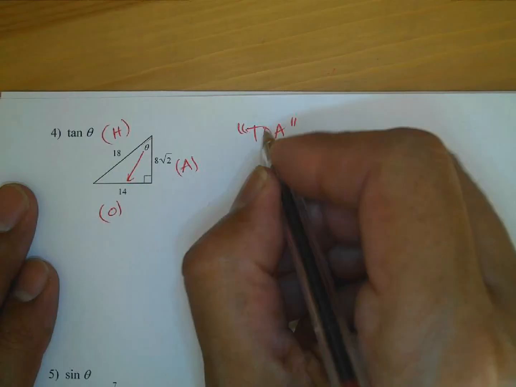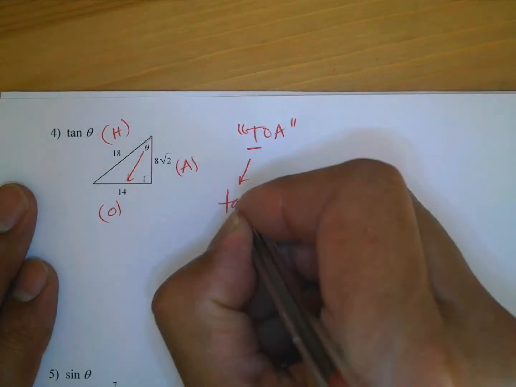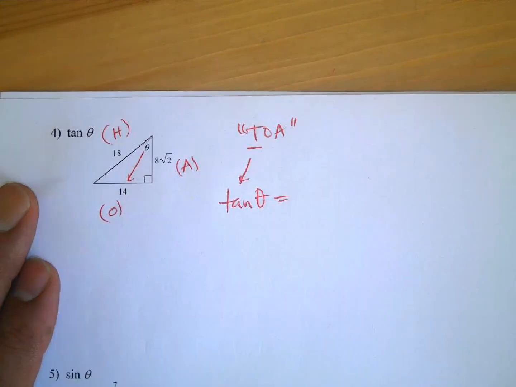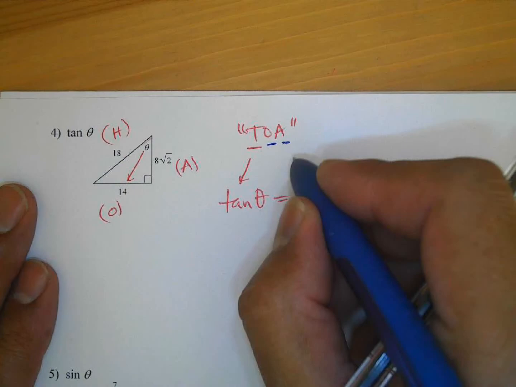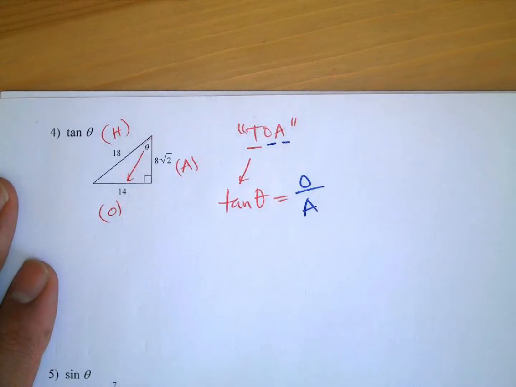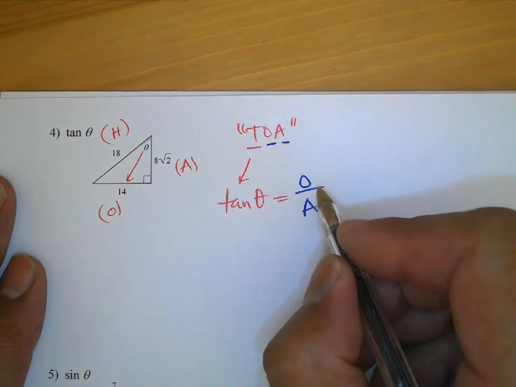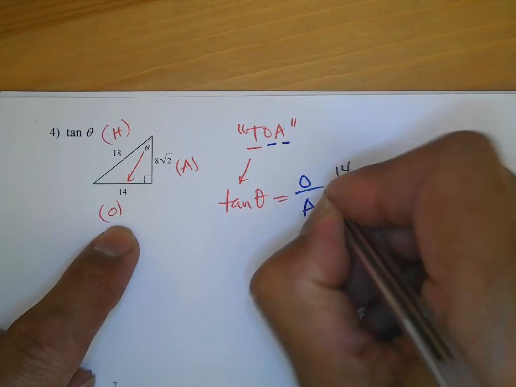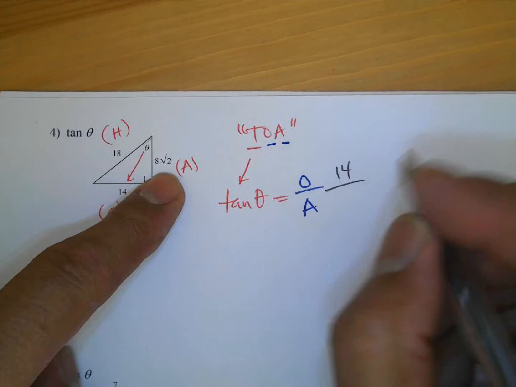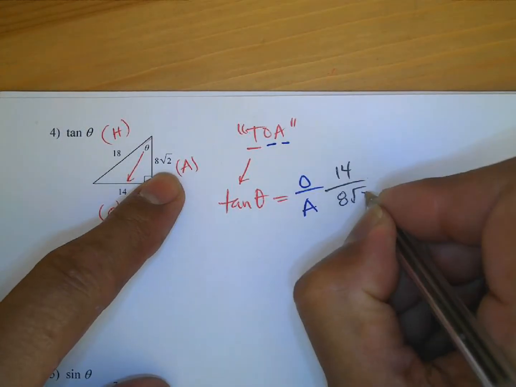So that tells me that T is for the function, which is tangent is equal to, and the last two are for the fraction, the numerator and the denominator. Opposite over adjacent. Opposite side is 14. We got 14 here over 8 root 2.